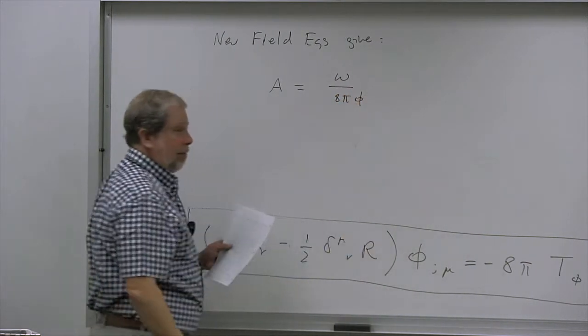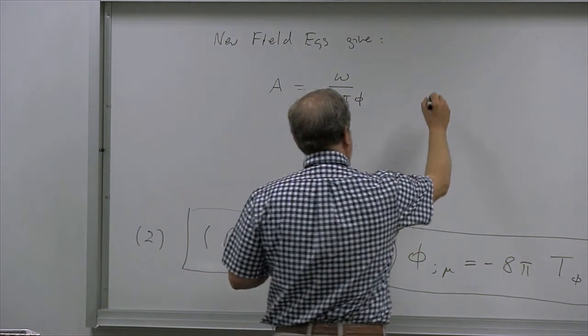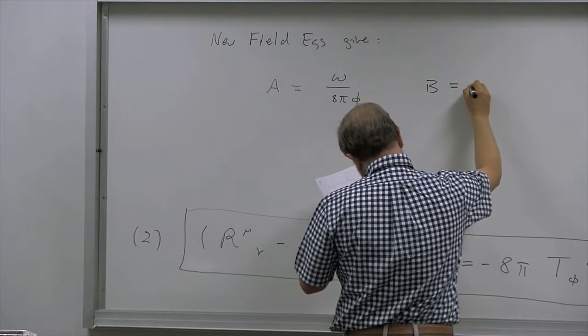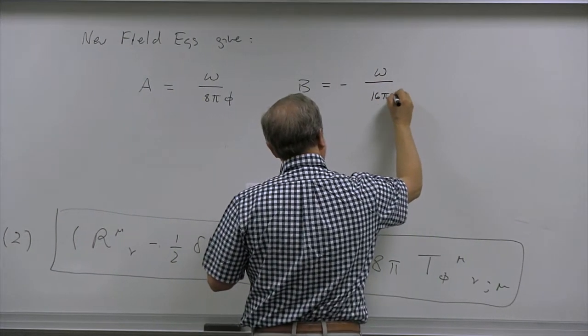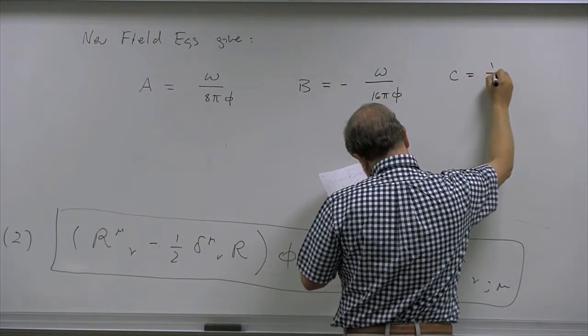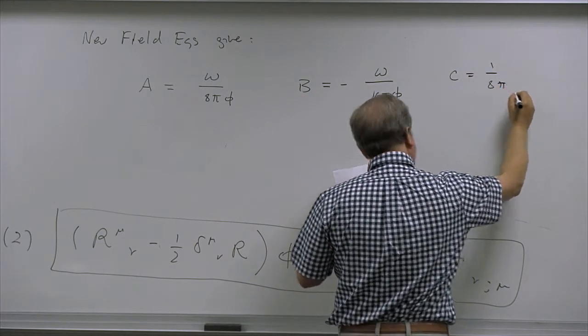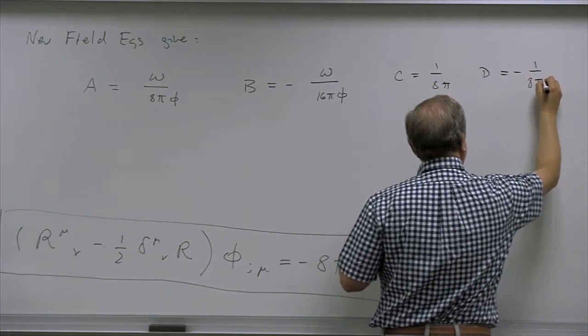There's a little bit of algebra involved in plugging these expressions in. And B is equal to minus omega divided by 16 pi phi, C is equal to 1 over 8 pi, and D is equal to minus 1 over 8 pi.